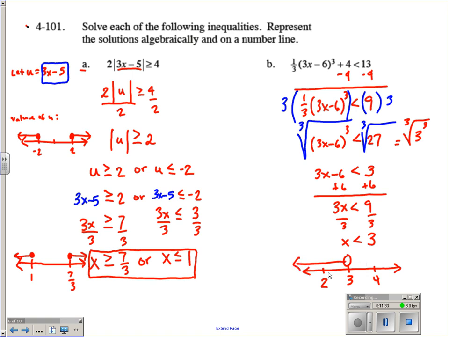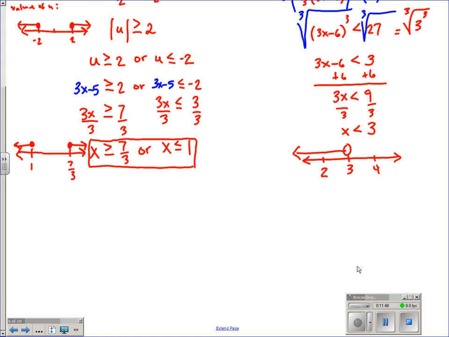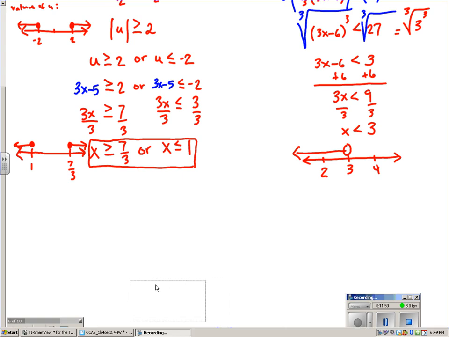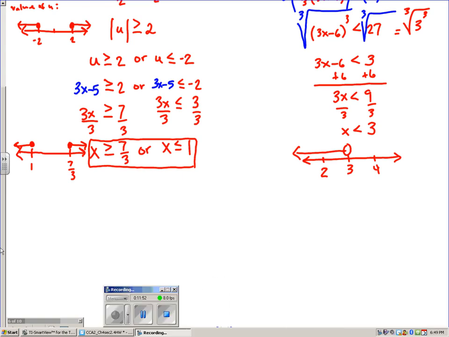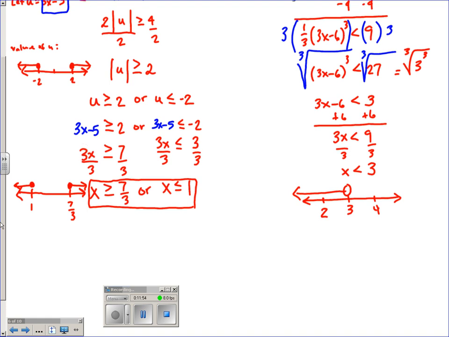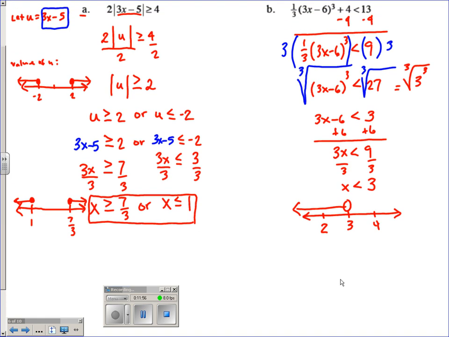How do we check it? Let's take a value that's less than 3 and plug it in. I like to use 0 a lot, but let's use 2 here. So let's check it. Actually, I might need to scoot it up there because my memory is not great.